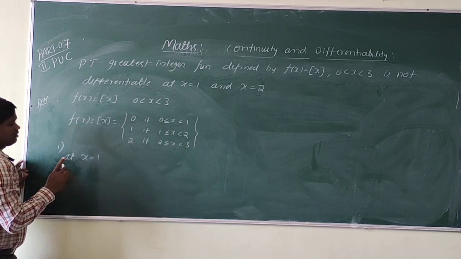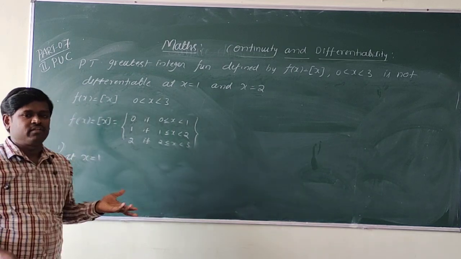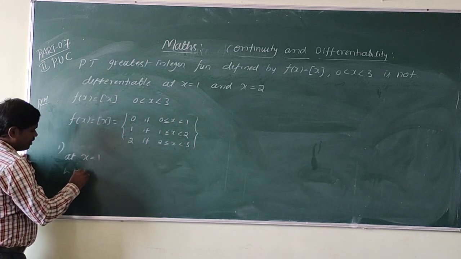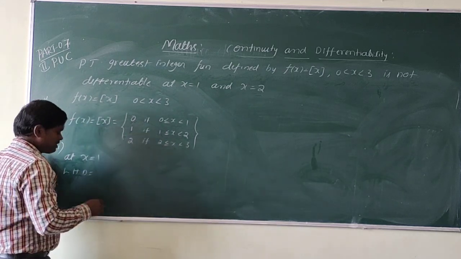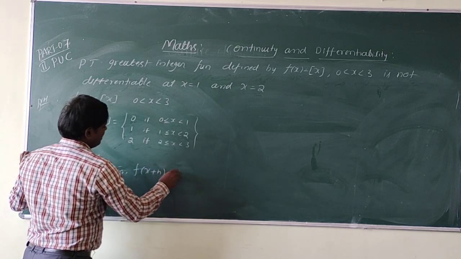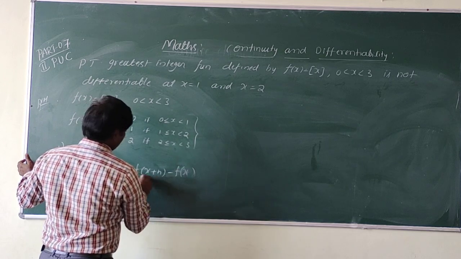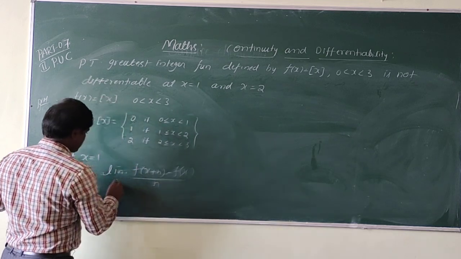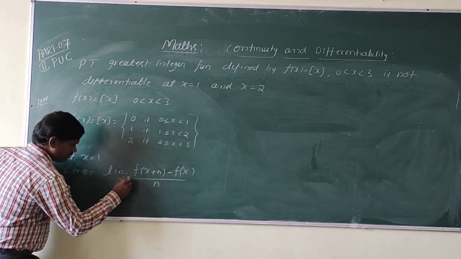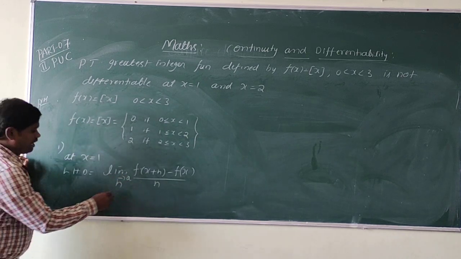We are going to prove this by using the left hand derivative or right hand derivative. So, left hand derivative. We already know the definition: limit of (f(x + h) - f(x))/h as h tends to 0, particularly as x tends to a minus.